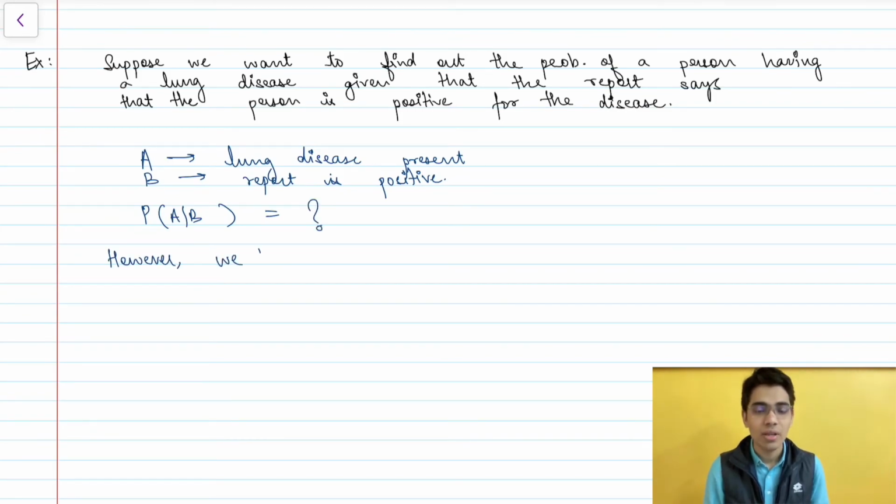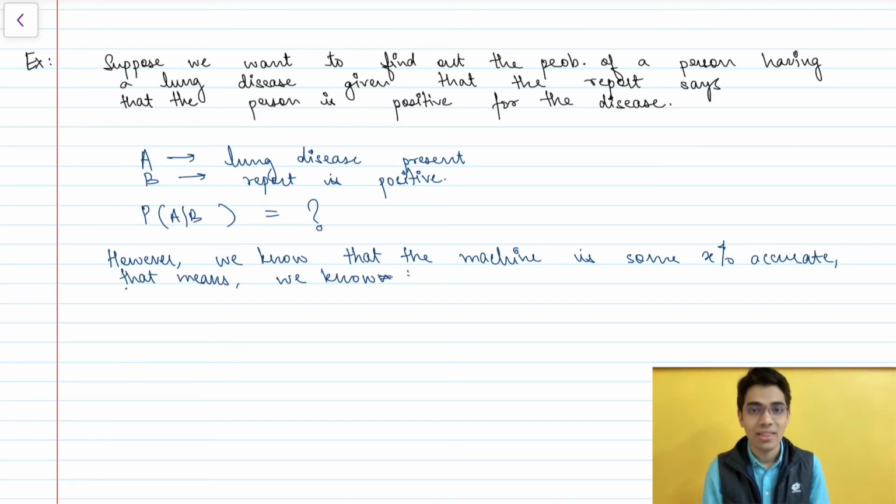However, we know that the machine is some X% accurate, which means that we already know P of B given A, that is the probability of the report being positive given that there is lung cancer, and that is X by 100.